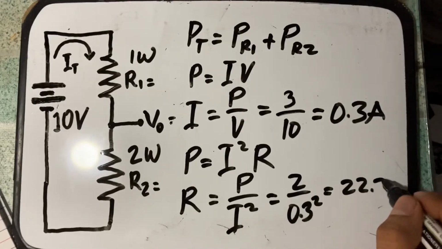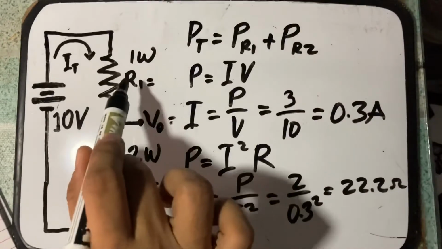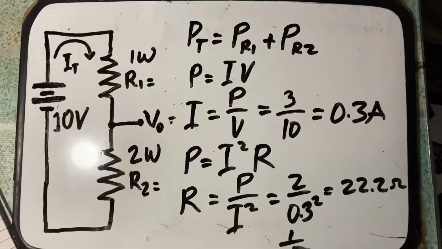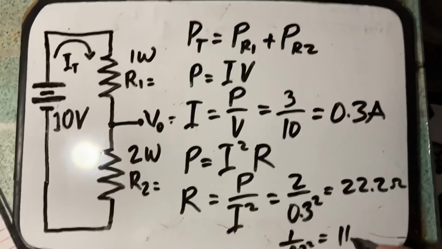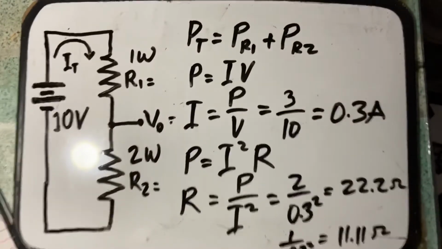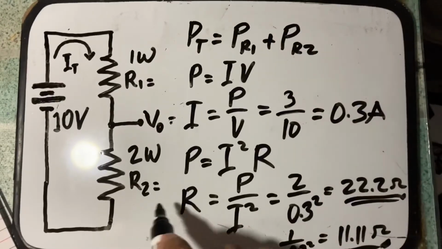So is equal to 22.22 ohms. So, gano'n lang kadali, no? So we can now compute for value of R1 also by using same formula. So 1 watt divided by 0.3 ampere squared is equal to 11.11 ohms. So yan na yung value.